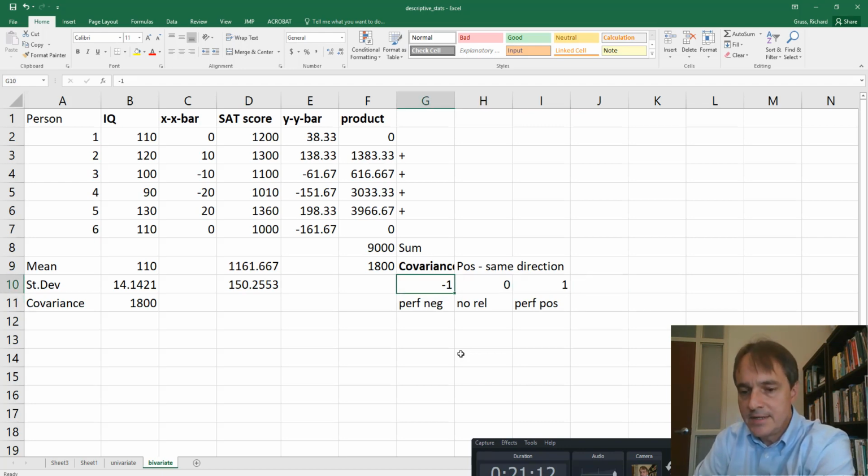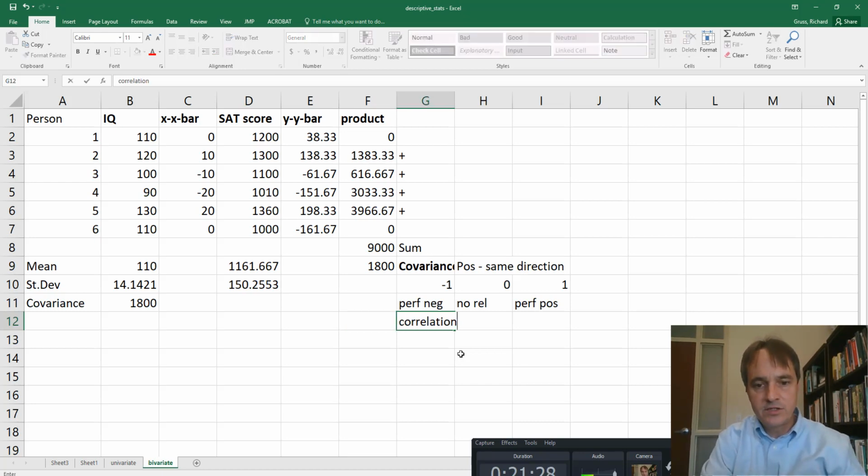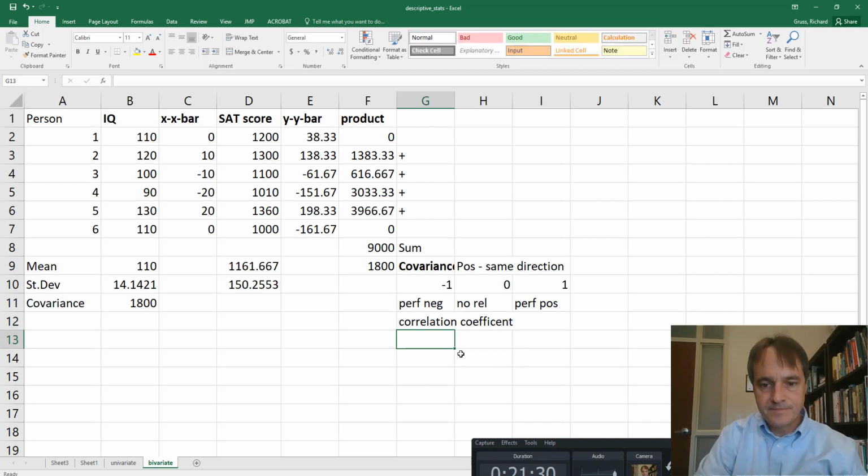The correlation coefficient gives us a number to describe the relationship between two variables, and it ranges from -1 up to 1. Write this down: correlation coefficient.